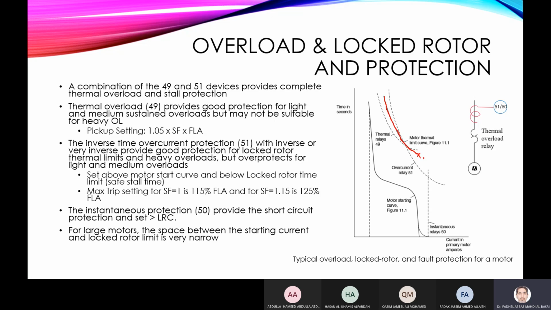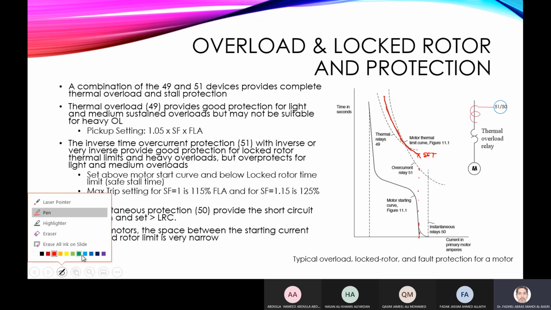And this is the point of safe stall time, or the time delay that the motor can withstand before it gets damaged when the rotor is locked, not moving, and you apply rated voltage to the motor. This is the time before the motor winding gets damaged. So this is the limit that you should not exceed, and this limit is achieved by combining the two.